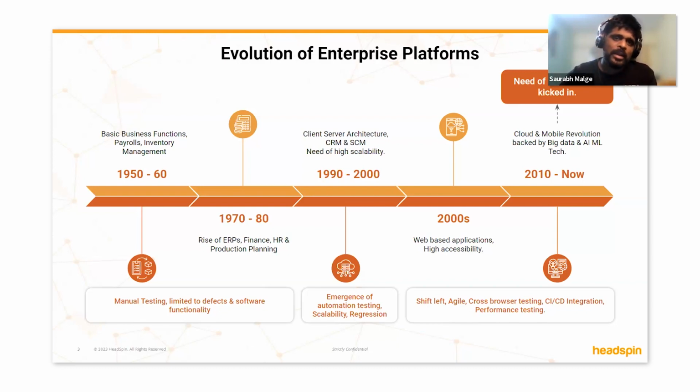But what really triggered the evolution of enterprise platforms? We see a lot of platforms that began around the 1950s to 60s era, wherein a lot of basic functions were performed on a basic software level, or not just software level, a lot of basic handwritten notes.